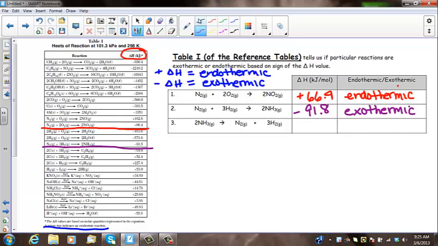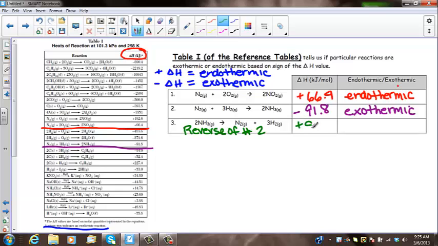And the last one that we're going to look at is the reverse of this reaction. So now it's telling us 2NH3, so this is actually the reverse of number 2. When the reaction is reversed, you won't see it in the reference table, but you have to realize that for the reverse reaction, all you're going to do is flip the sign.